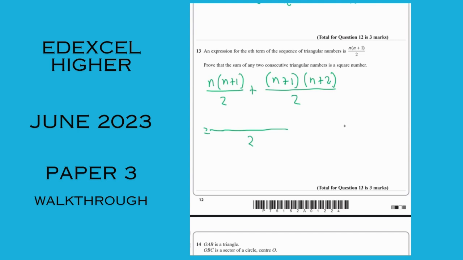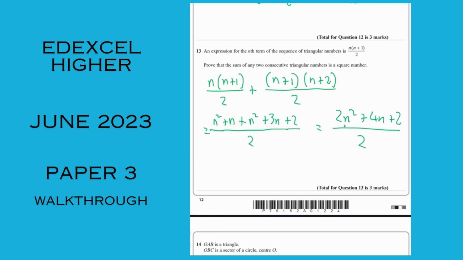So let's expand this first bracket, n squared plus n. Let's expand this quadratic, double brackets. You get n squared, you get plus 3n, and you get plus 2 on the end. Let's simplify the top. 2n squared, 4n, and 2 on the end.